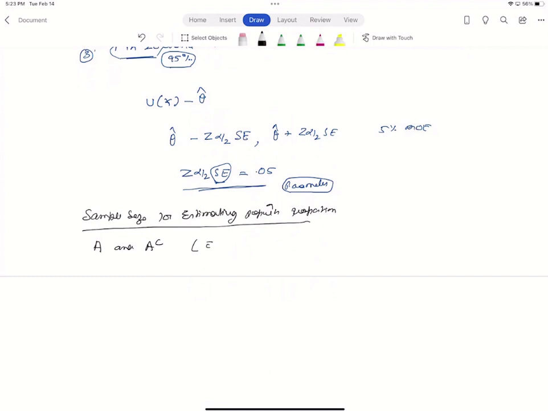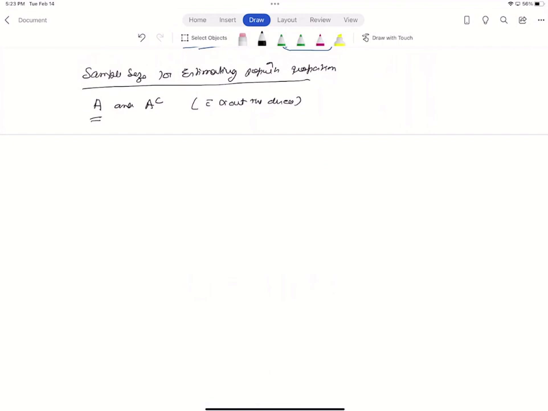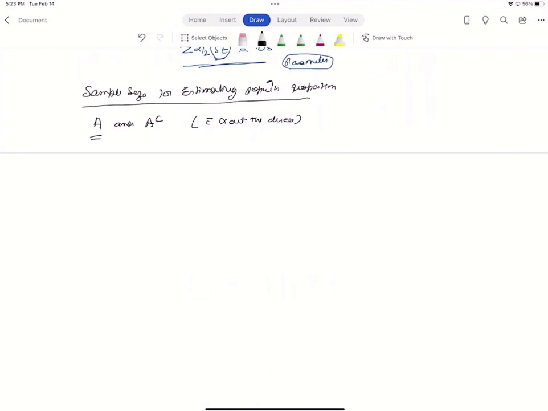means with and without the disease. And our plan is to estimate the proportion of units that belong to A. So what we do to find this out, we take a sample of size n and draw it with SRS WOR.